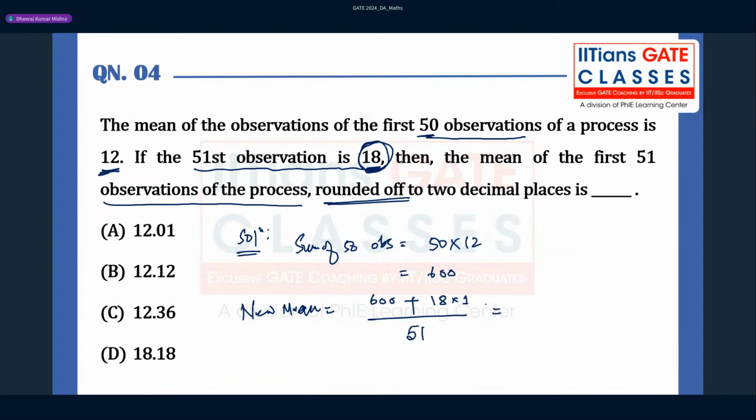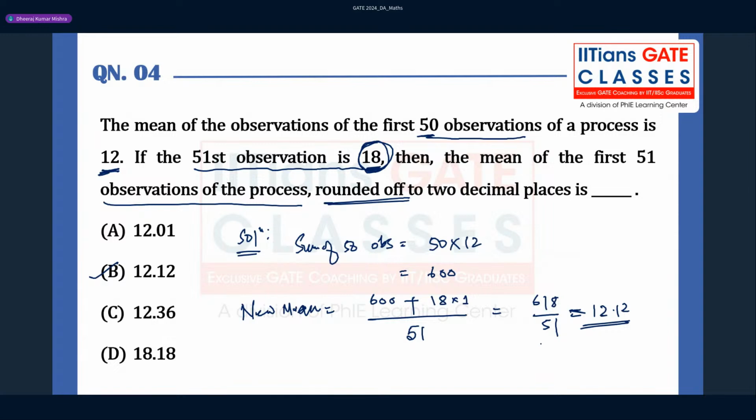You can solve this using a calculator. It is a very simple process: 618 by 51. If you solve this, you will get around 12.12. So I believe this question is clear.